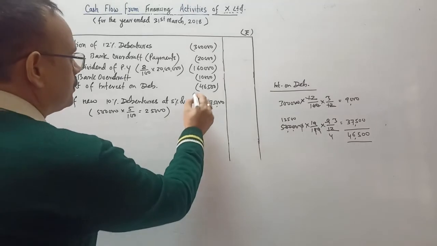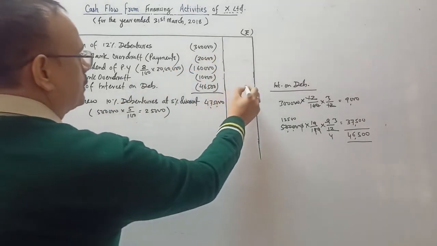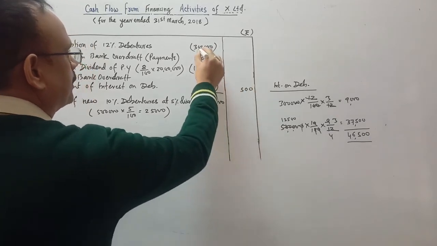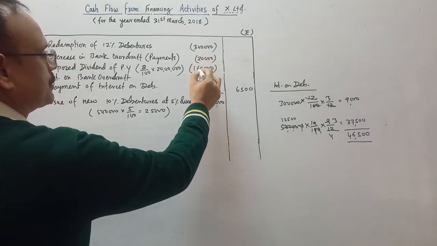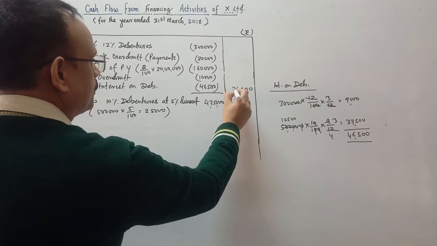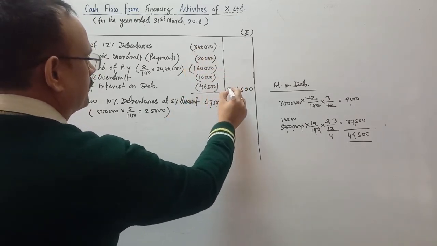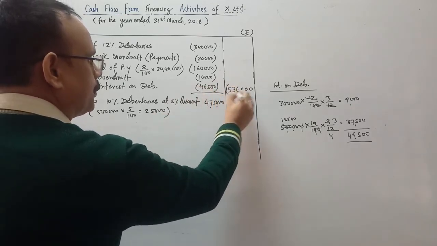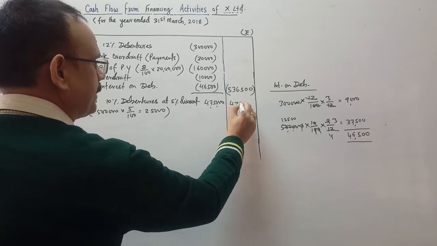Now what you do, you add this outflow. This is 5 lakh 36,000. This is outflow. And inflow is 4,75,000.